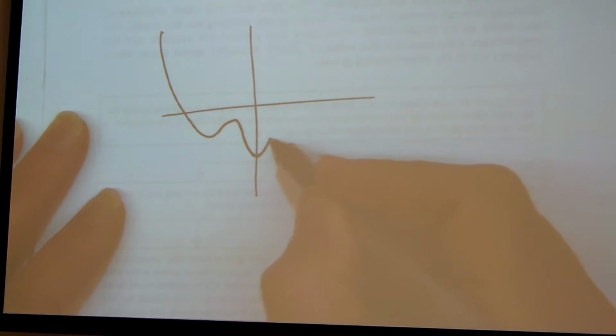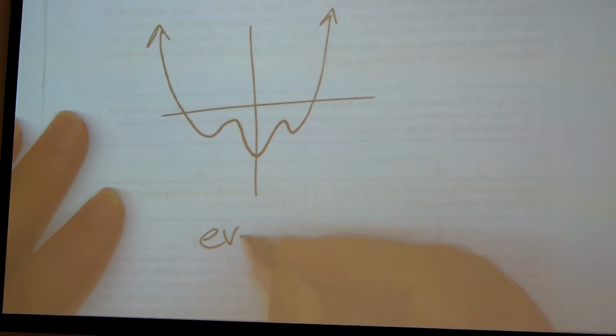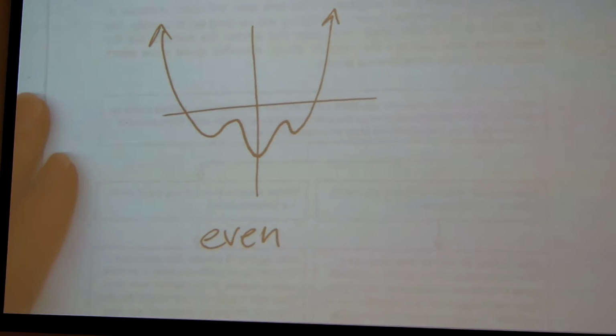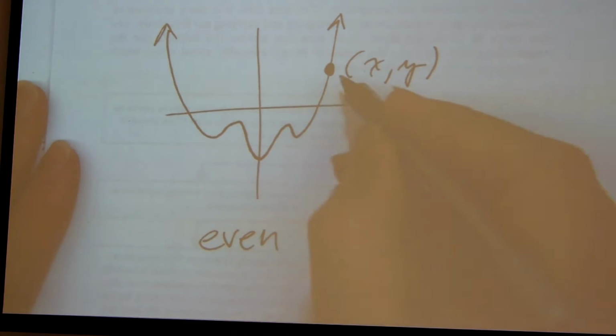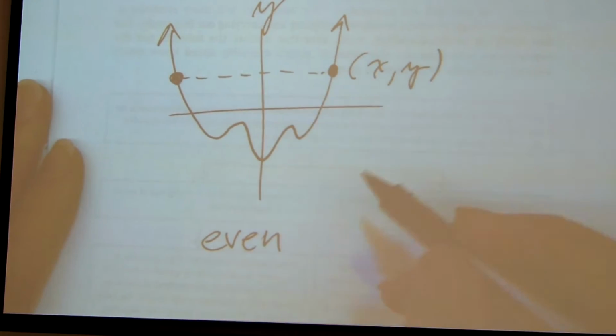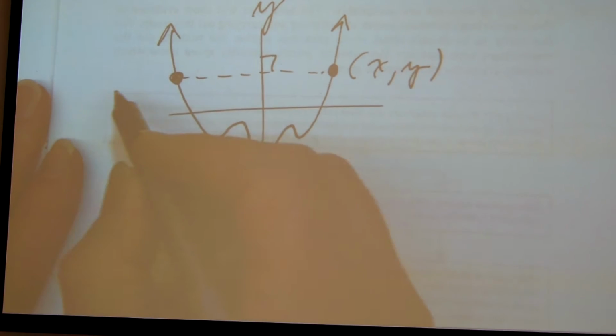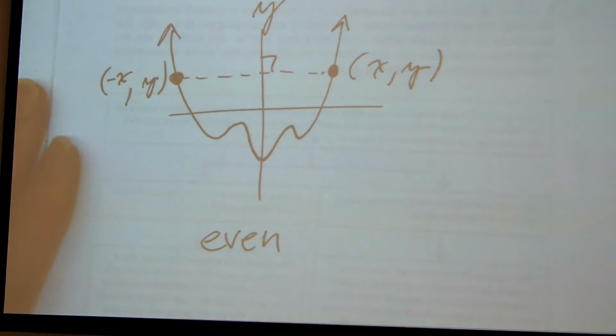Again, if I make some sketches, a graph that has balance with respect to the y-axis, this is what an even function is going to look like. And the characteristic is that if you found a point on here, x, y, there'll be a reflected point on the opposite side of the y-axis, reflected over here, that will have the same height but the opposite x-coordinate.